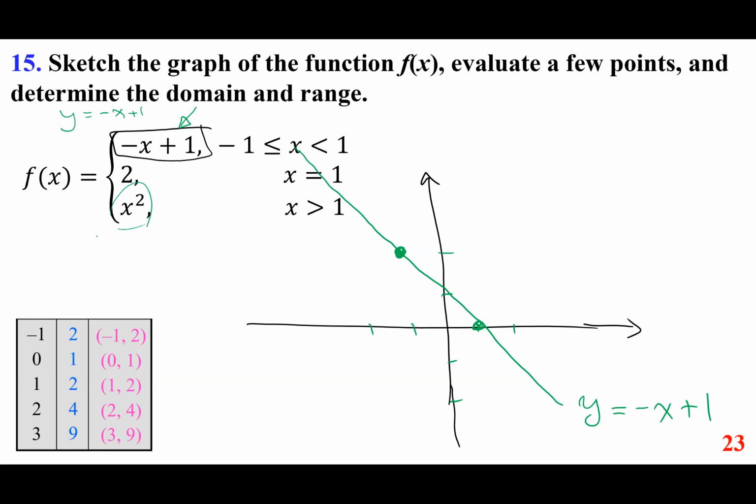This one, y equals x squared, is a parabola that opens up. So we have 0, 0. We have 1, 1. We have negative 1, 1. And it will, let me use a different color. And it will look something like this.